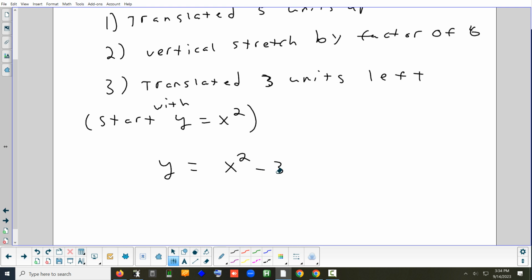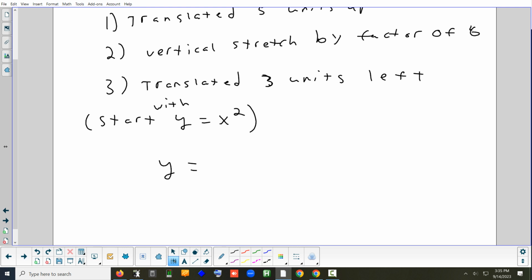So that's a vertical shift. That's going to move it down 3 units. So we do want to move it vertically, but adding or subtracting a number on the outside of the x squared is going to move it up or down. We have to add or subtract a number inside the x squared. Do you think we would add to move it to the left or subtract?